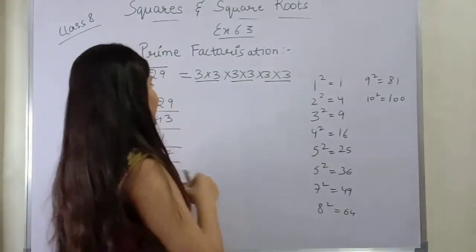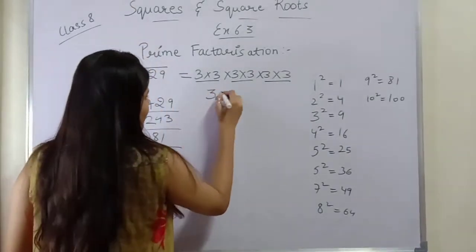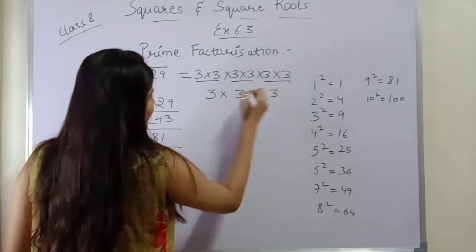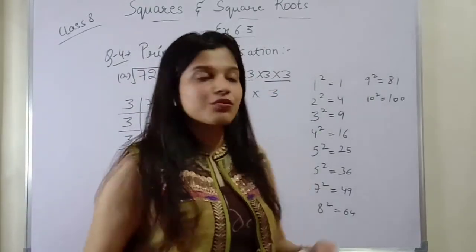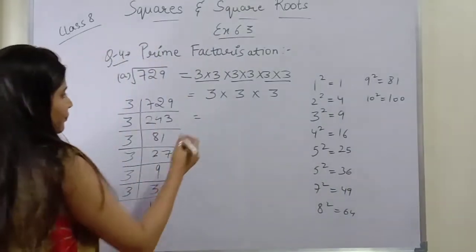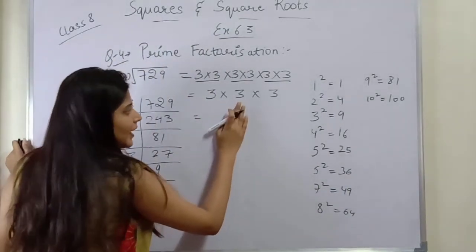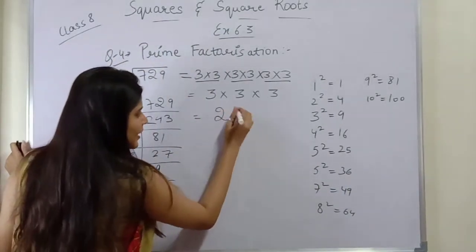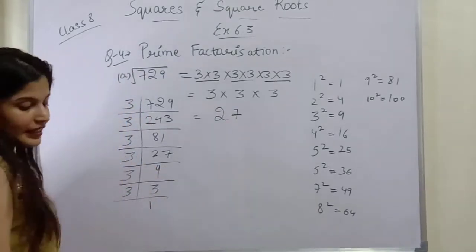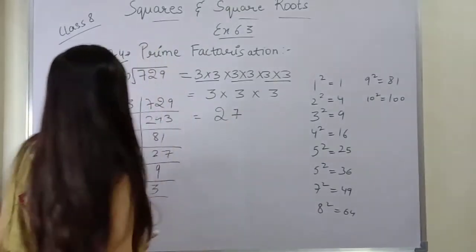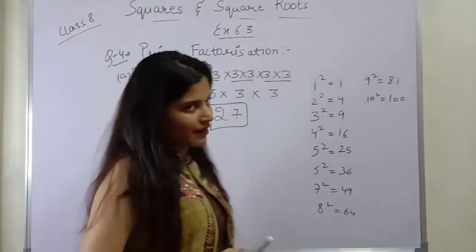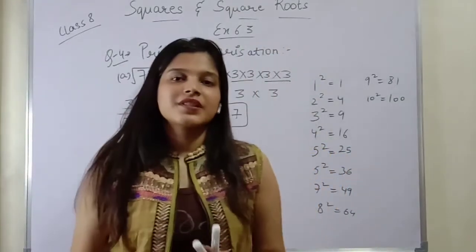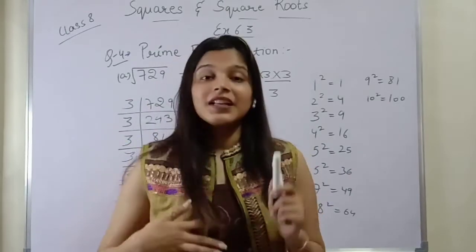Now we will write down one 3 from each pair: 3 into 3 into 3. So अब जो आंसर आएगा that will be the square root of this number. 3 into 3 is 9 and 9 into 3 is 27. It means that square root of 729 is 27. This was question number 4 part 1.